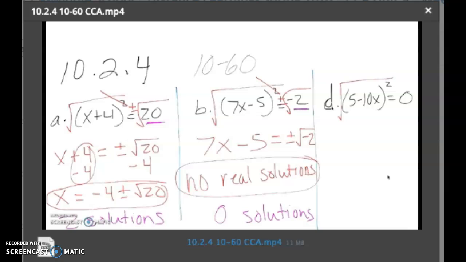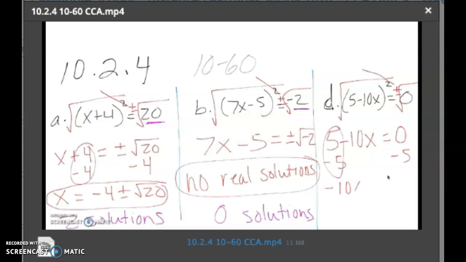So if I take the square root of both sides, okay, I can add my plus or minus here because I'm putting a square root. Square root undoes my square, so I have 5 minus 10x equal to, well, there's not a plus or minus 0. There's just a 0. So I only have it equal to 0. And if I were to keep solving and want to get my x alone, I'm going to subtract 5 from both sides.